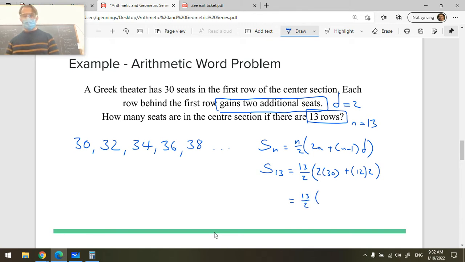Multiplied by 60 plus this is 24. So that's 84 in the bracket there. 84 divided by 2 is 42. So I'm going to have 42 times 13. 13, Fibonacci, times 42. Life, the universe, and everything. Also, my age. S of 13 is equal to 13 times 42. 13 times 42 is, again, not that hard to do in your head, but ain't nobody got time for that.